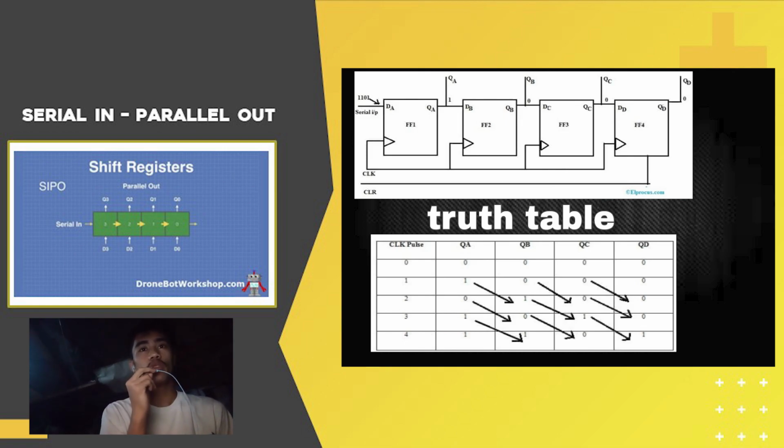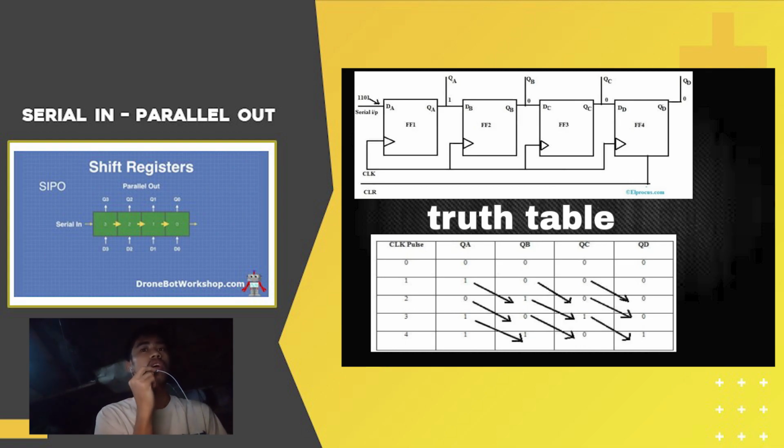It is connected to the second flip-flop input DB. The second flip-flop output QB is connected to the third flip-flop's input DC, and the third flip-flop output QC is connected to the fourth flip-flop input DD. Here sa ano po natin, yung QA, QB, QC, and QD, ito po yung ating outputs.